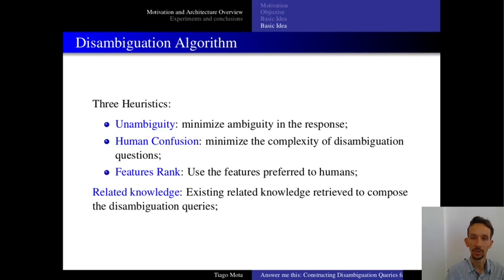The human confusion tries to minimize the complexity of the disambiguation questions by using the minimum number of features in it. The features rank tries to use features that are preferred by humans. The algorithm also uses the related knowledge in the robot's knowledge base for improving these disambiguation queries.